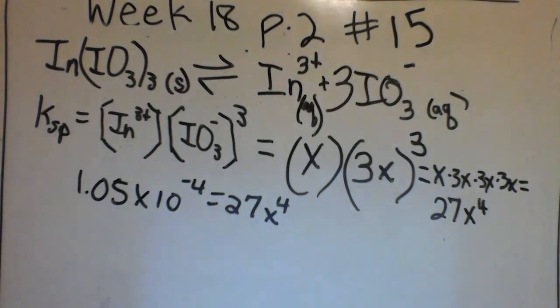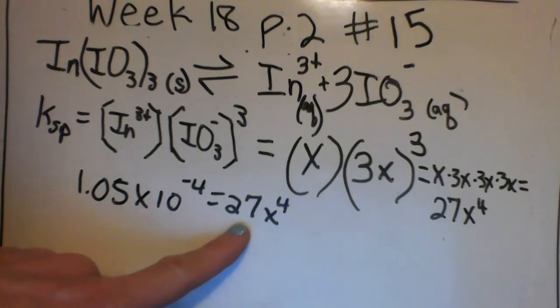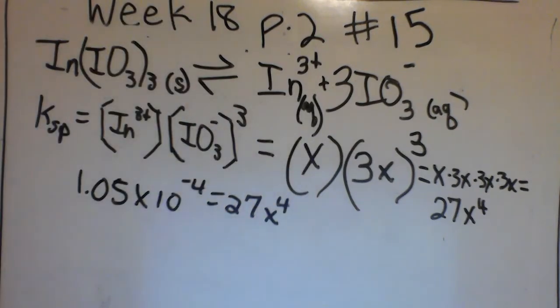We can now replace the solubility product constant with the number that we were given, and we can show that it is equal to 27x to the 4th power.